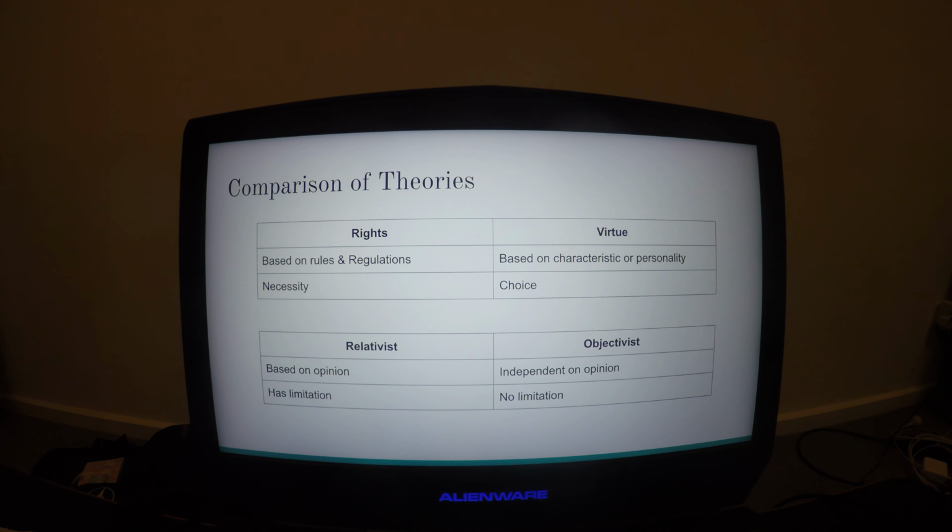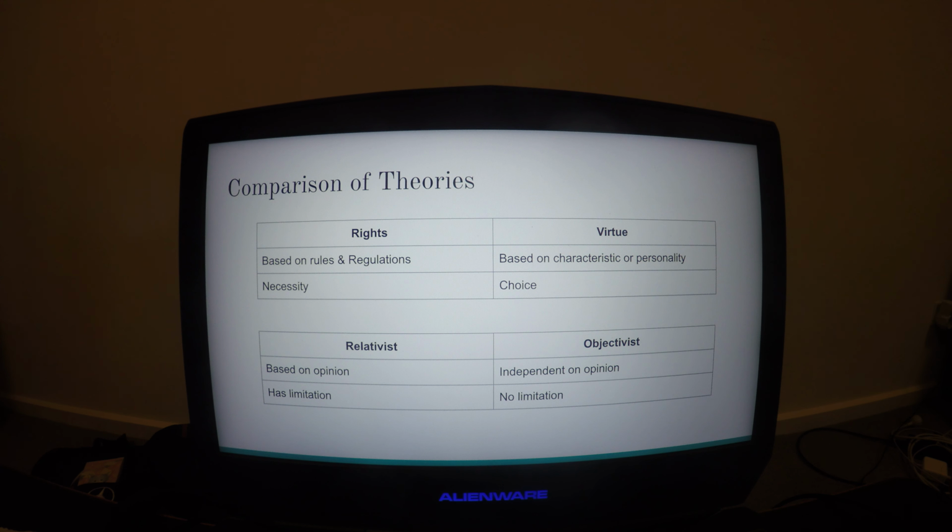Next is the relativist versus objectivist. So relativist is based on opinion. That means the view that what is right and wrong depends on opinion, whether it is personal opinion or what other people and the society thinks. Whilst objectivist is where the view that what is right and wrong is independent of what anyone considers to be right and wrong.